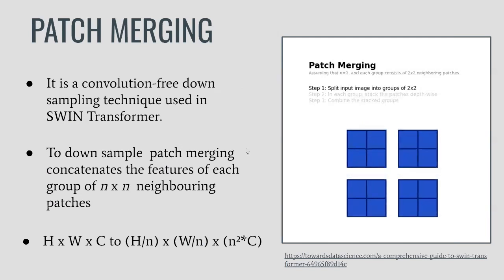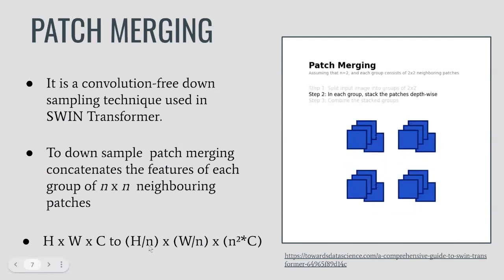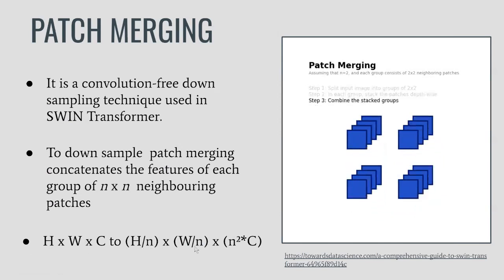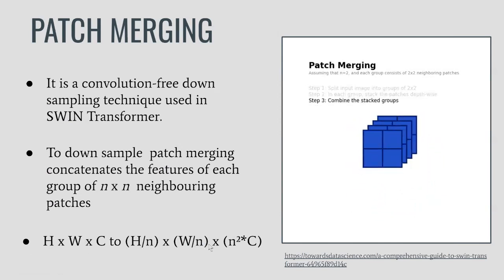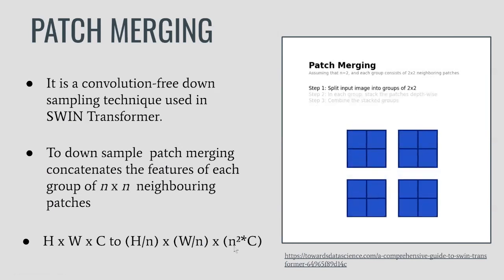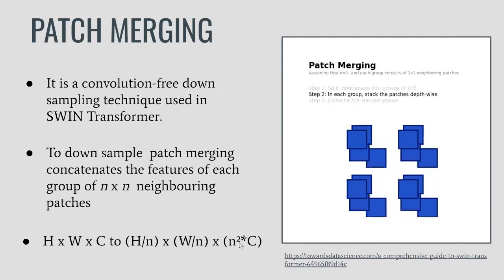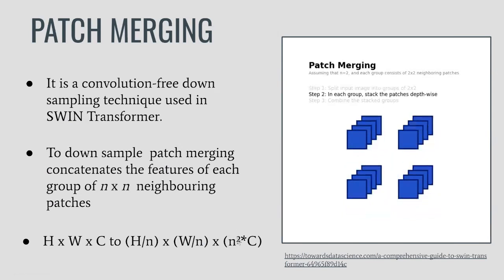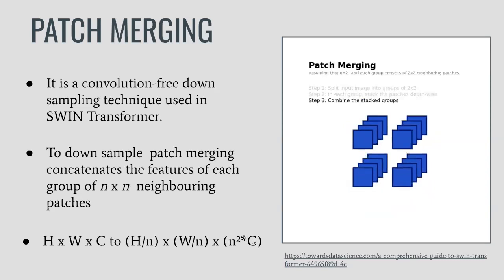So basically, h is becoming h by n, w is becoming w by n, but if you notice over here, c is getting increased by n squared. So it becomes n squared c.